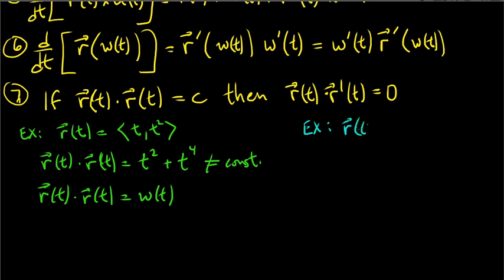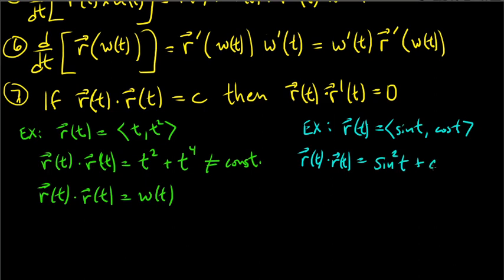How about the one we just did, sine and cosine? If we take the dot product of this R with itself, what do we get? We get sine times sine, so that's sine squared of t, plus cosine times cosine, which is cosine squared of t. So this is a function of t, but it's a constant function. It's equal to 1.